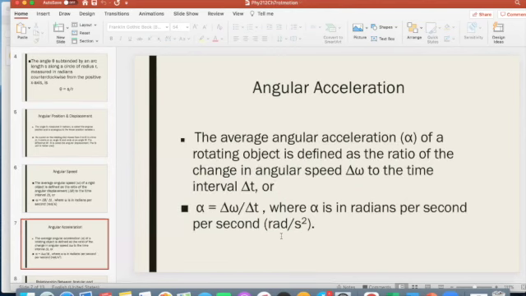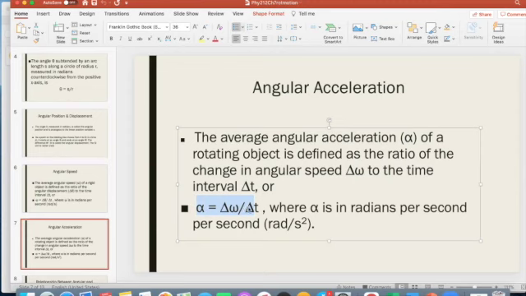Angular acceleration is denoted by the Greek letter alpha, and it's the ratio of the change in angular speed over the change in time. So alpha is equal to the change in angular speed divided by the change in time.